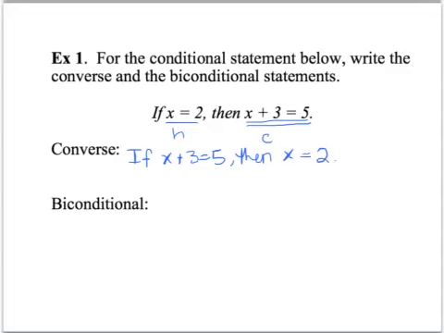Okay, now the new part is the biconditional. Simply, you just join the hypothesis, x equals 2, with the conclusion, x plus 3 equals 5, by using the phrase if and only if.